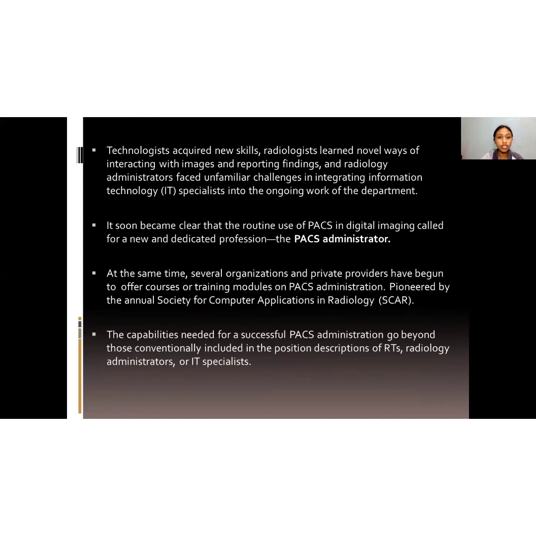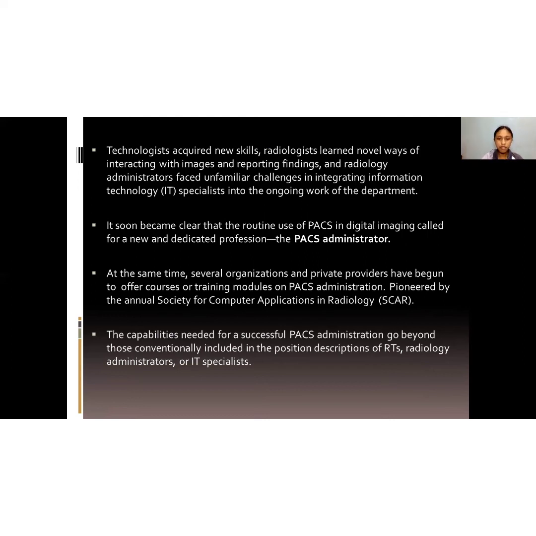So technologists acquired new skills, radiologists learned novel ways of interacting with images and reporting findings, and radiology administrators faced unfamiliar challenges in integrating information technology into the ongoing work of the department. So it soon became clear that the routine use of PACS in digital imaging called for a new and dedicated profession, which is the PACS administrator.